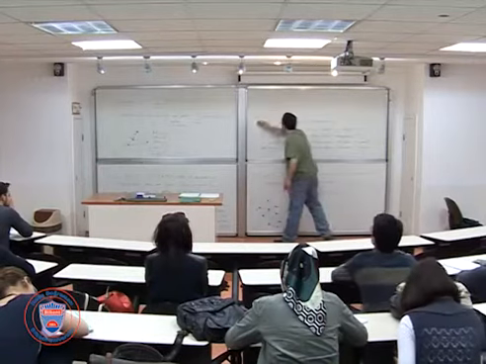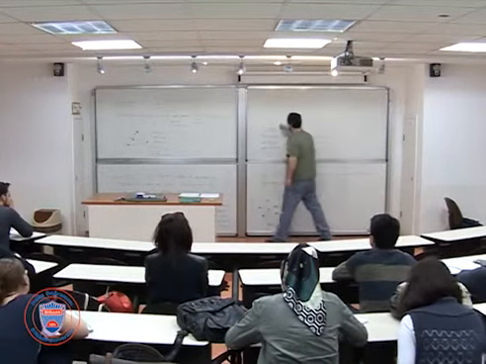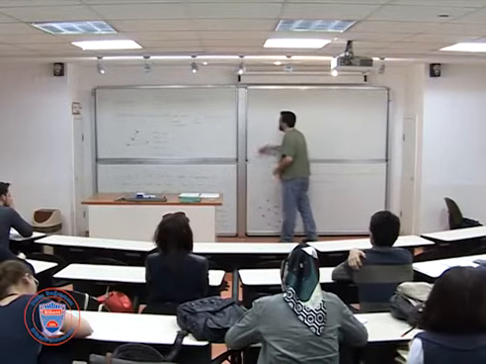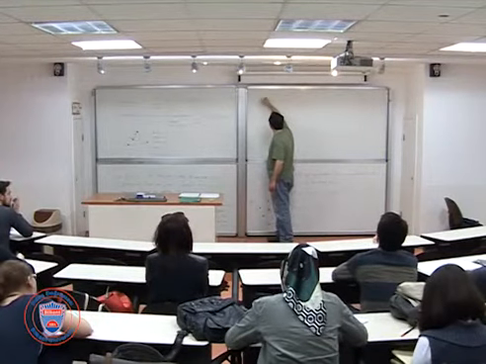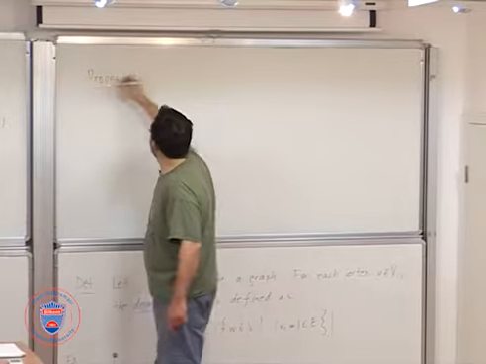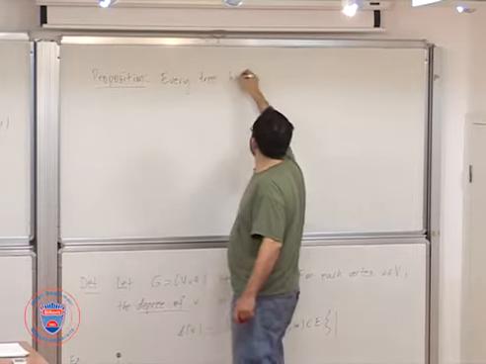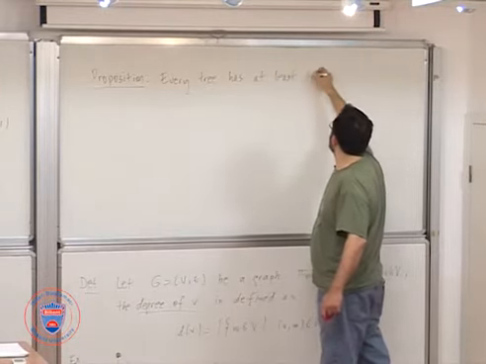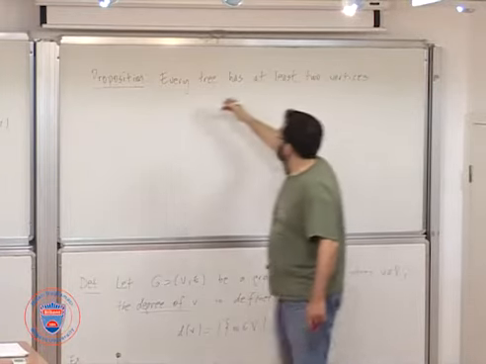Using this, we want to prove 2 statements. One of the statements is this. Every tree has at least 2 vertices with degree 1.